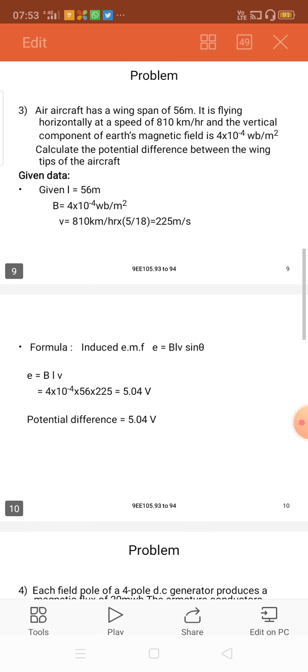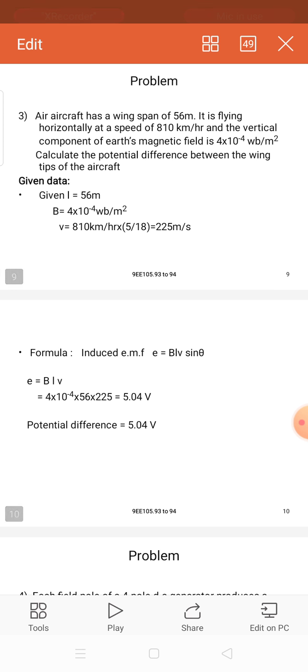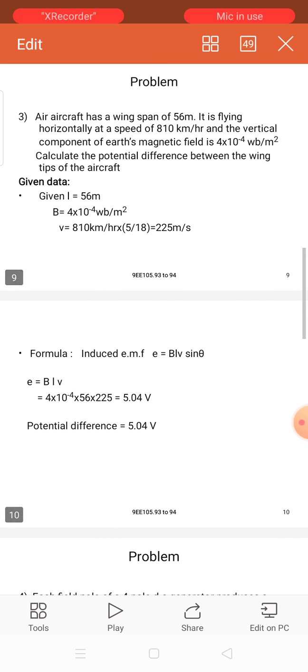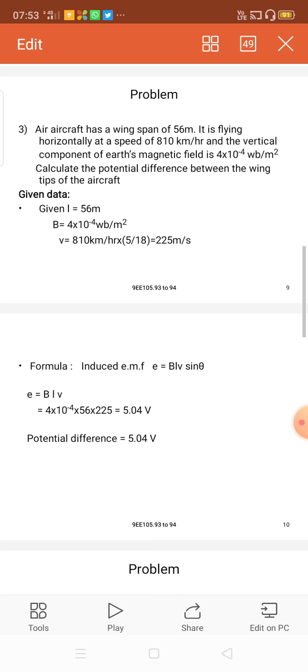In the third problem, an aircraft has a wingspan of 56 meters. It is flying horizontally at a speed of 810 km per hour.